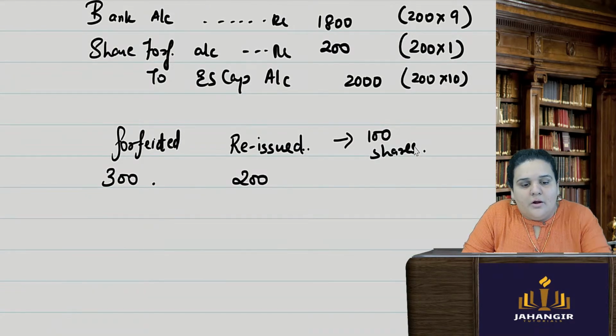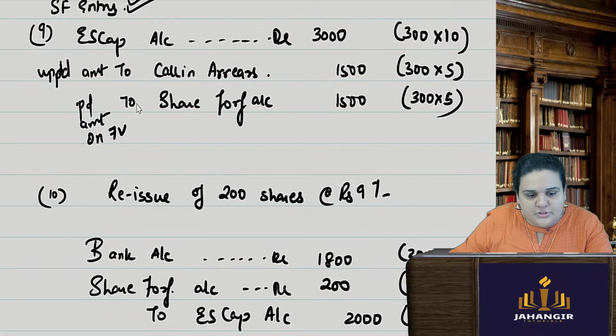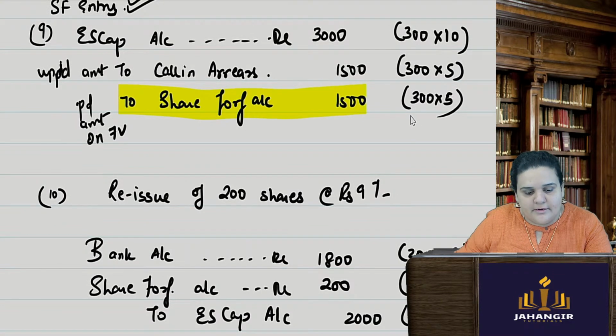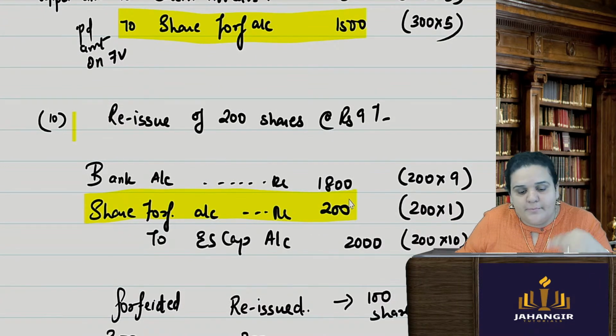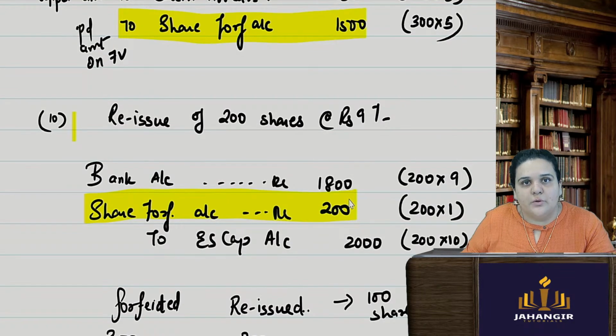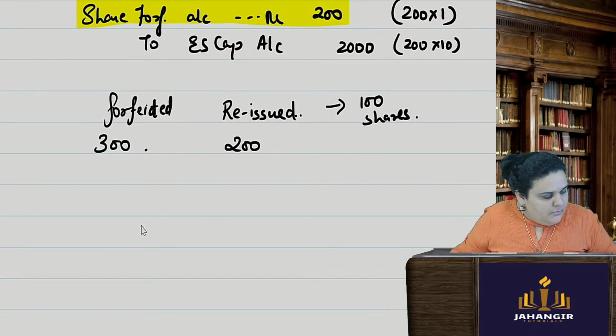Okay, so currently I cannot compare this share forfeiture account, because this share forfeiture is created on 300 shares and this is used for 200 shares only. If it would have been for all 300 shares, I would have just taken the balance and transferred it to capital reserve. But here I will have to again do pro rata. Now what is that pro rata?